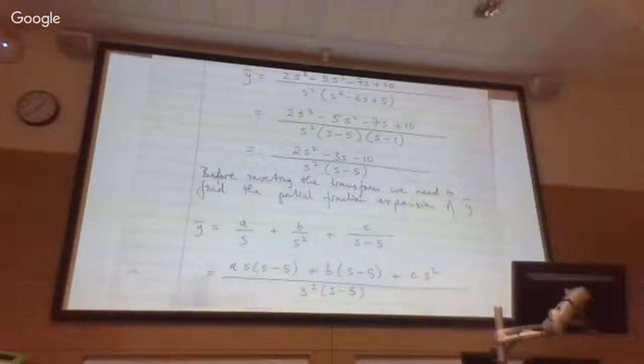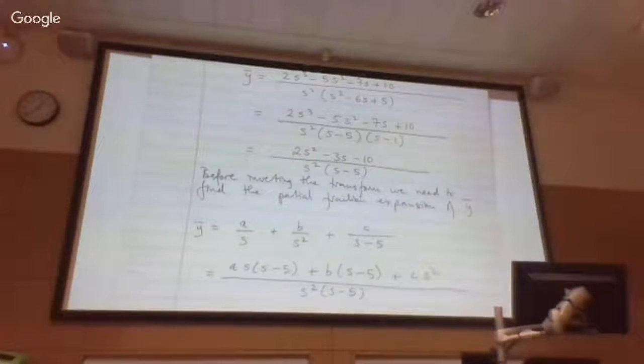And then we're again looking at a quadratic polynomial in the numerator, which needs to be compared to the original one there. We want to determine A, B, and C.